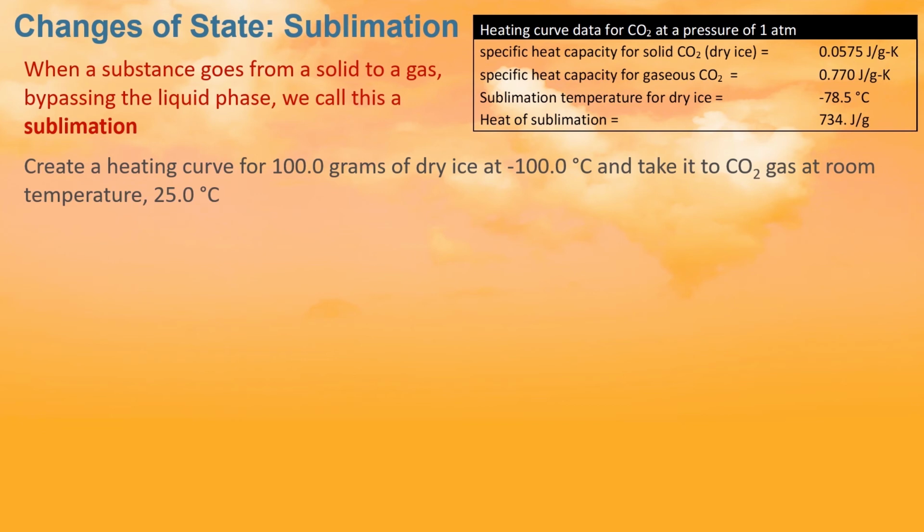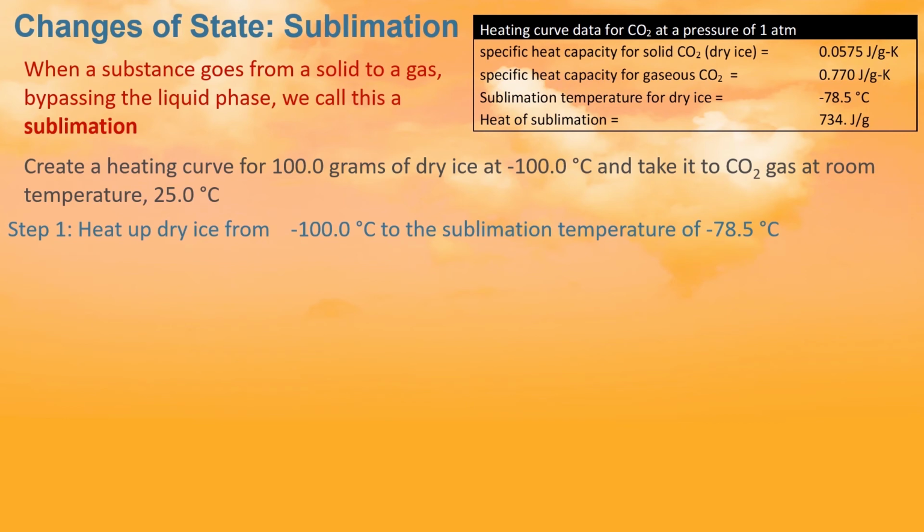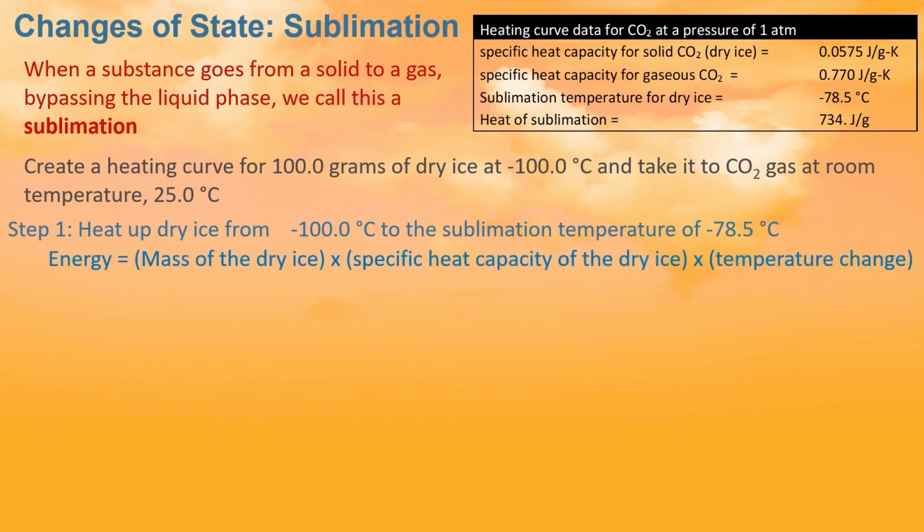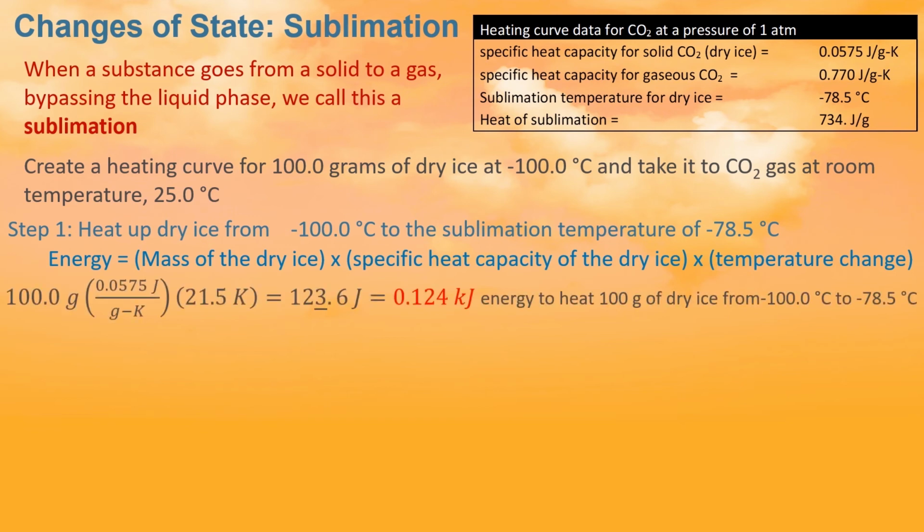Again, as we did before, we will heat the dry ice from minus 100 degrees Celsius to its sublimation temperature, minus 78.5 degrees Celsius. The 0.124 kilojoules of energy needed to get the job done is the product of the mass of CO2, the specific heat capacity of the dry ice, and the temperature change. Now we turn the dry ice to CO2 vapor.